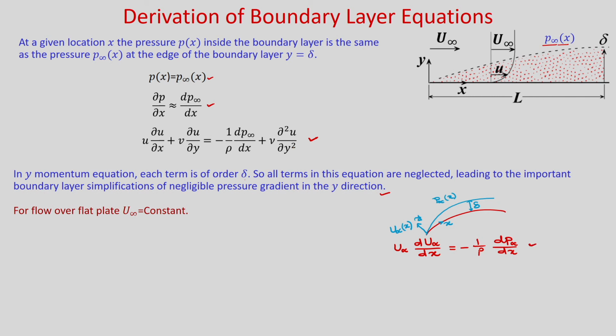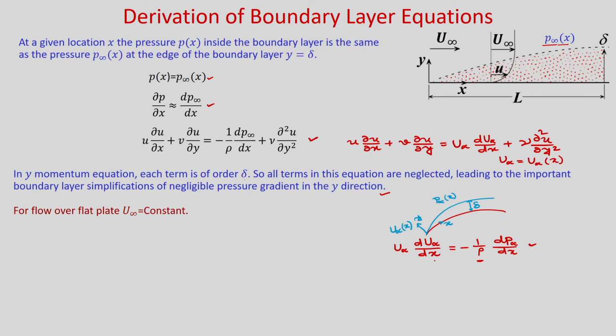So, you can substitute minus 1 by rho dP infinity by dx with u infinity into du infinity by dx. If you write it here, you get u del u by del x plus v del u by del y is equal to u infinity du infinity by dx plus nu del 2 u by del y square, where u infinity is a function of x.